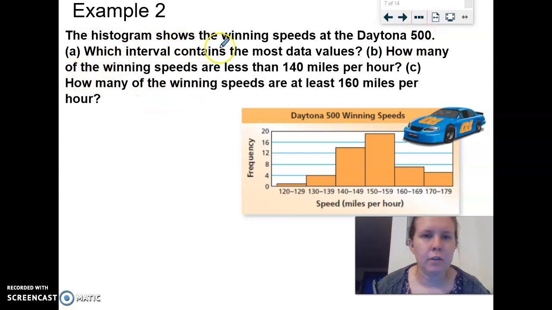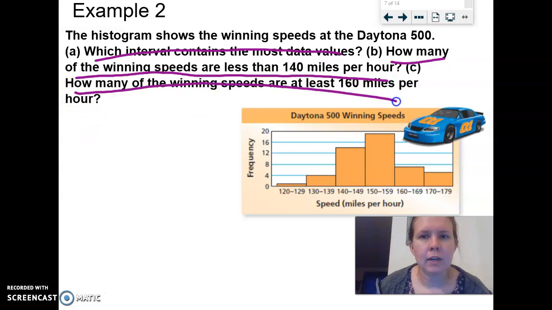A, which interval contains the most data values? B, how many of the winning speeds are less than 140 miles per hour? And C, how many of the winning speeds are at least 160 miles per hour? I think we might be able to finish this one.